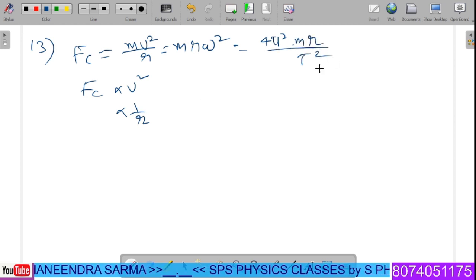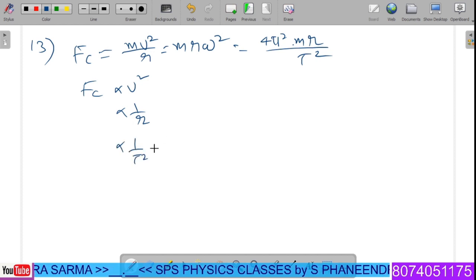Now after completion of this, we got Fc proportional to v square, Fc proportional to 1 by r, and Fc proportional to 1 by T square.